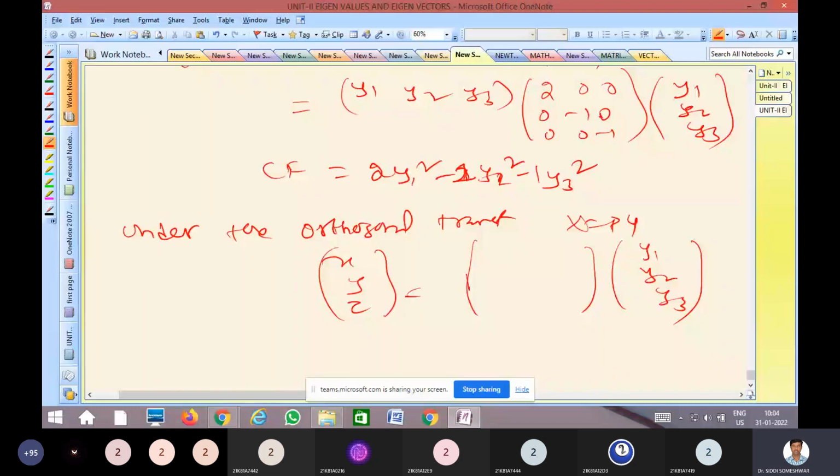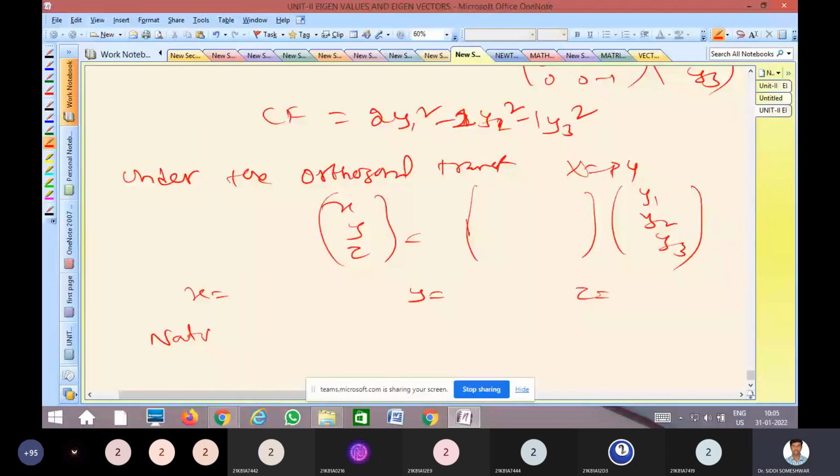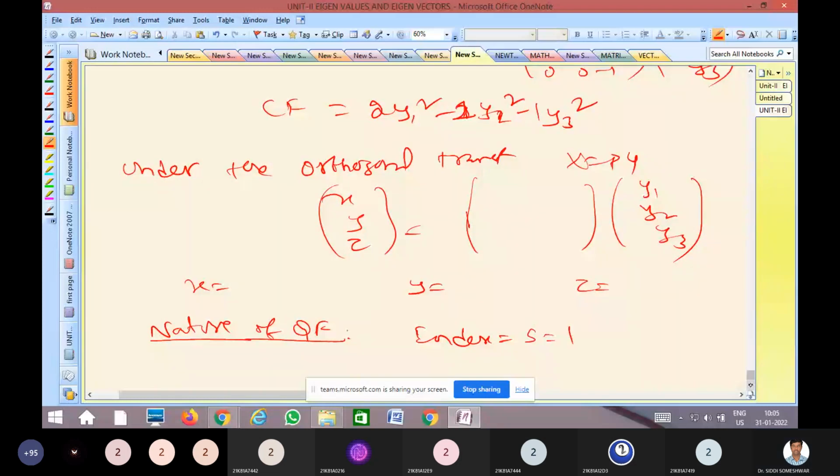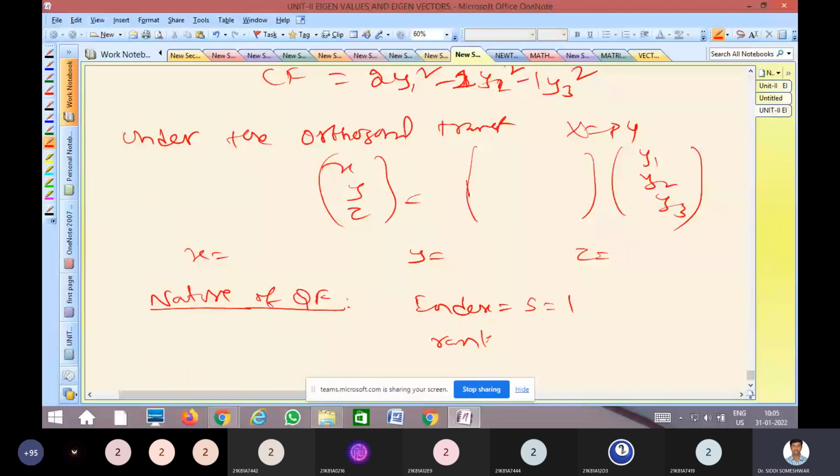So you are going to get the values of x, y, and z. And if you observe the nature of the quadratic form, coming to the index, the number of positive terms, you have only one term, that is 2, so 1. And rank r is the number of non-zero terms, which is 3.